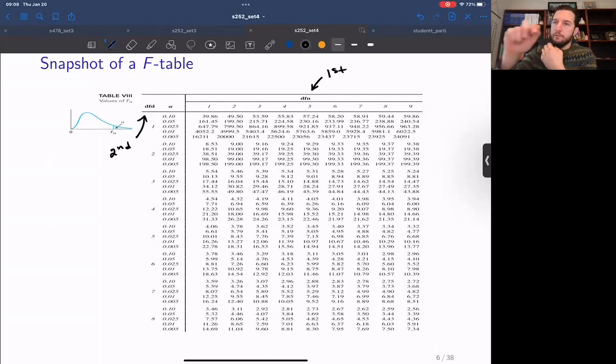You start by finding your first degree of freedom, then your second degree of freedom, then your significance level, and then you find your critical value. If you want to find a p-value, you go first degree of freedom, second degree of freedom, and then you figure out where the p-value fits in among the values associated with those 2 degrees of freedom. So I'll just show you what I mean.